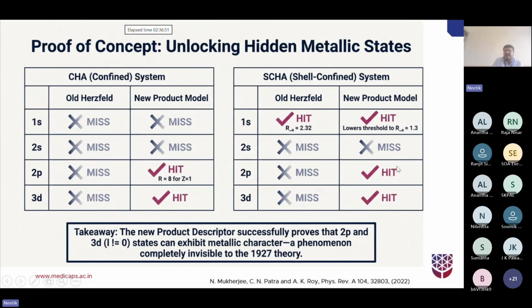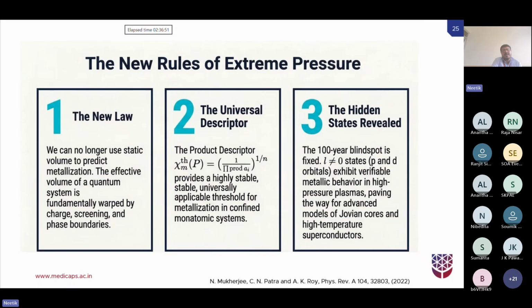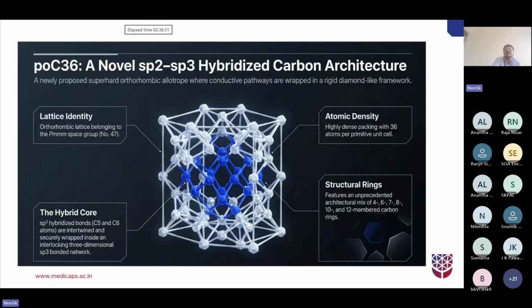metallic states are available. Based on these two or three parameters and incorporating them in the expression, we have designed a new metallization condition of the hydrogen atom under extreme pressure, and to some extent it can explain. It cannot explain the whole phenomenon, but to some extent it can.